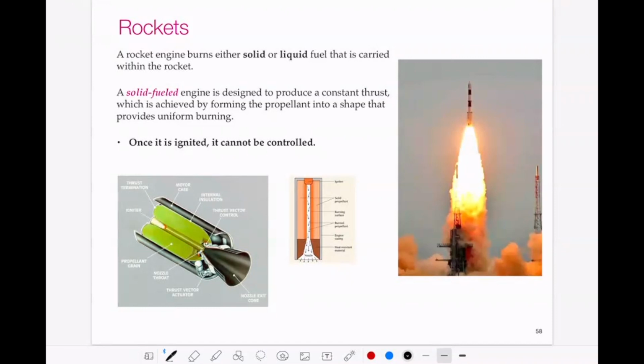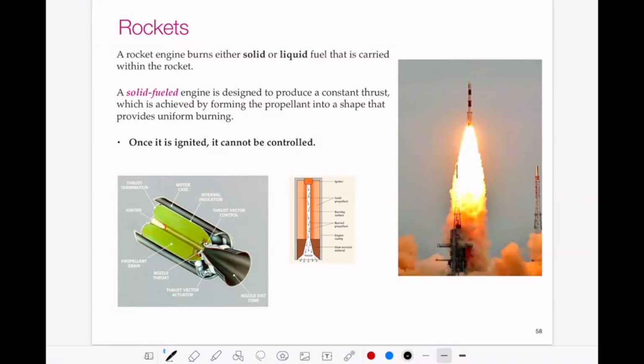Very important with solid rockets, once you ignite it, it cannot be controlled. Because it is solid, it cannot mix with air or mix with a fuel propellant to ignite. You have the mixture of the fuel and air in the solid itself. So everything it needs to combust is right there. So once it's lit, there's no stopping it. Think of it kind of like a firework.